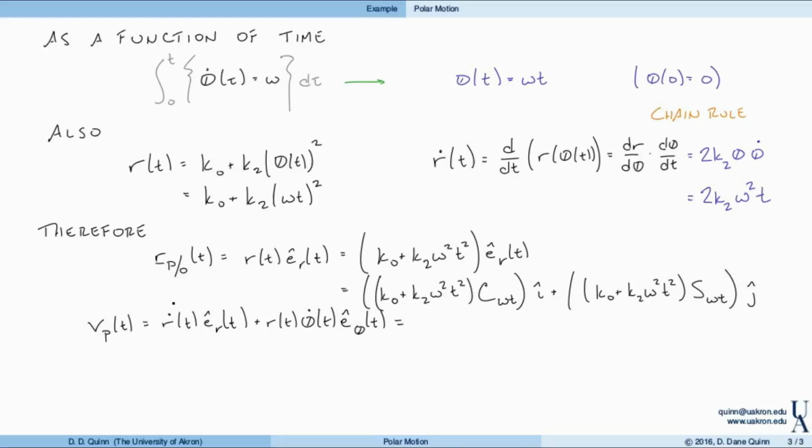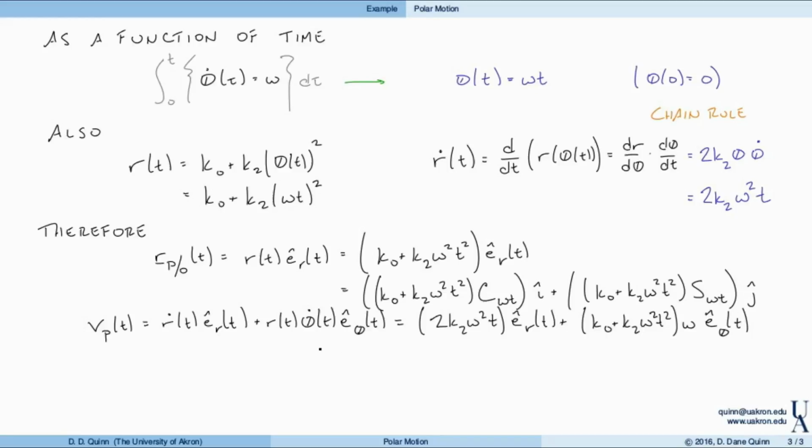Or, again, using all of this information that we have determined previously, 2k2 omega squared t, right, because that's r dot, in the ER direction, plus now k naught plus k2 omega squared t squared times omega, which is theta dot, in the e theta direction.